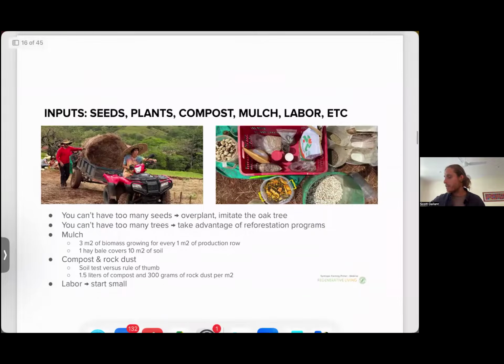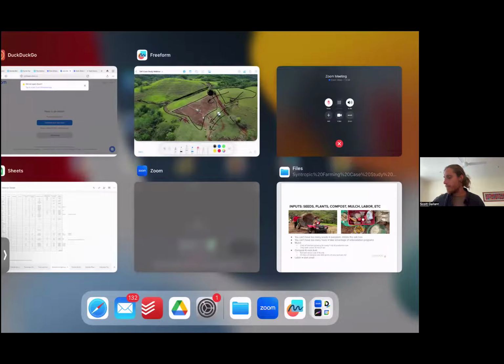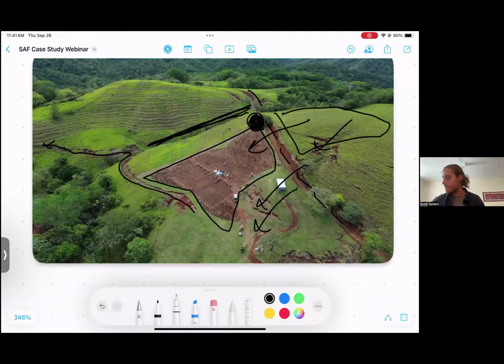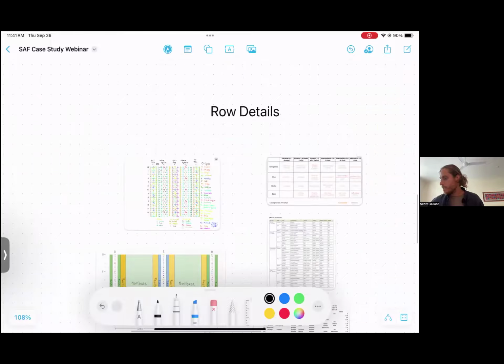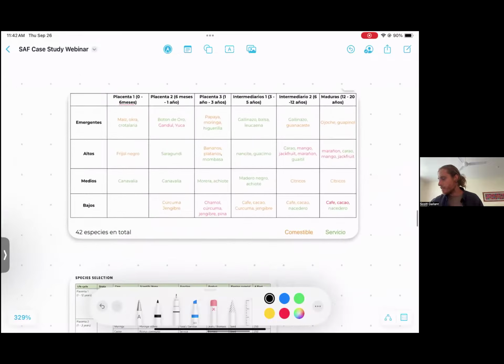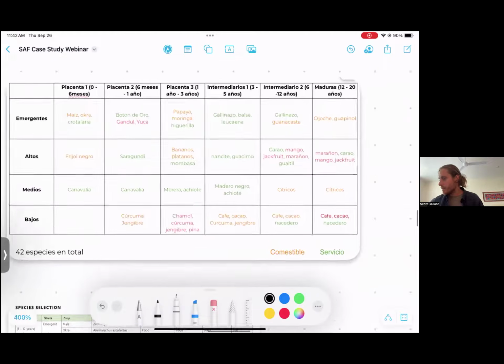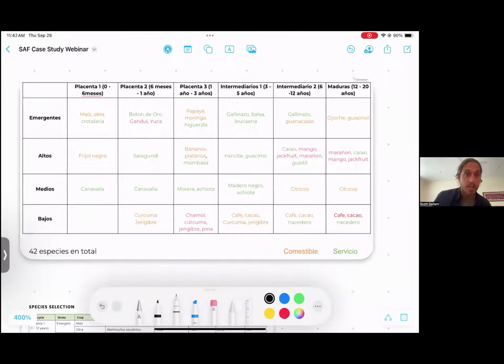Let's go back to here. Let's touch upon this a little bit more. If we look at this example, we can see that there are crops for food production. We have marañón, which is cashew, mango, jackfruit. We have coffee and cacao.